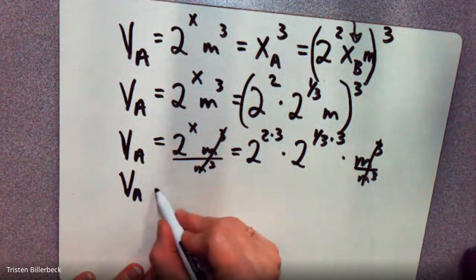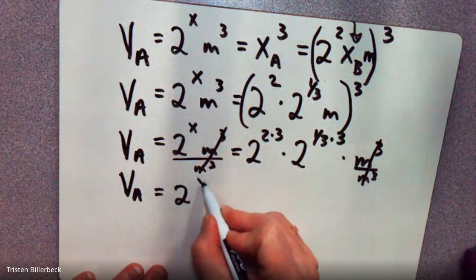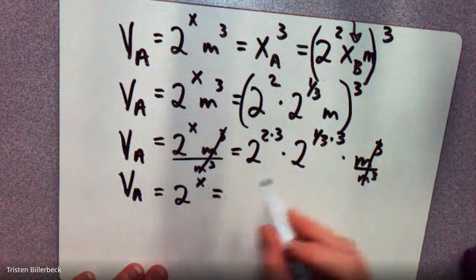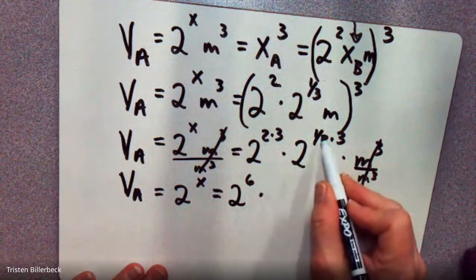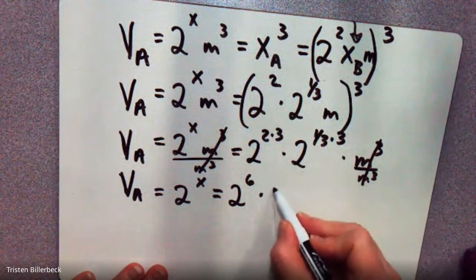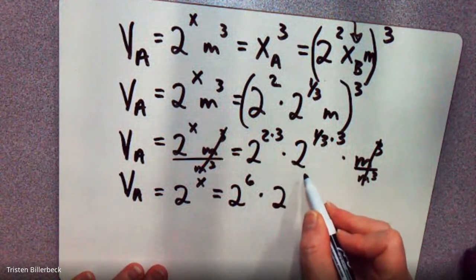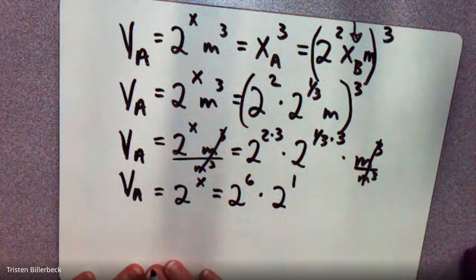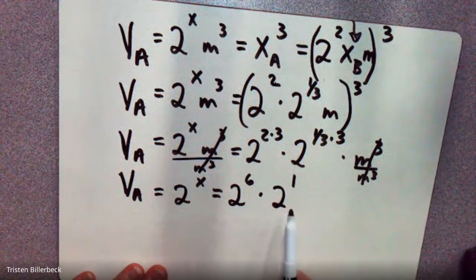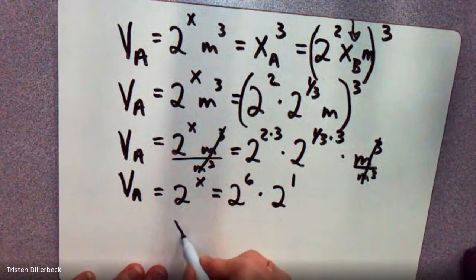So now we just have 2 to the x equals 2 to the 6 times, and 1/3 times 3 is just 2 to the 3/3, which is 1. So they're all the same base, so now we just do algebra.